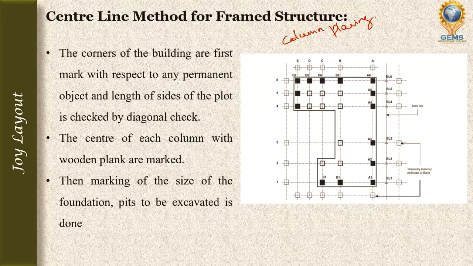Once the diagonal check is over and the length is correct, from the layout they give how much distance from the reference to column number 1. From that distance, you have to mark the center of the column.